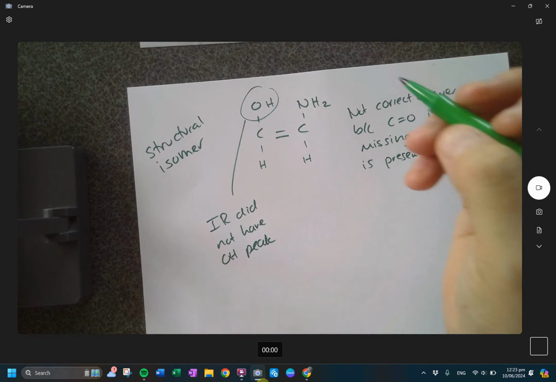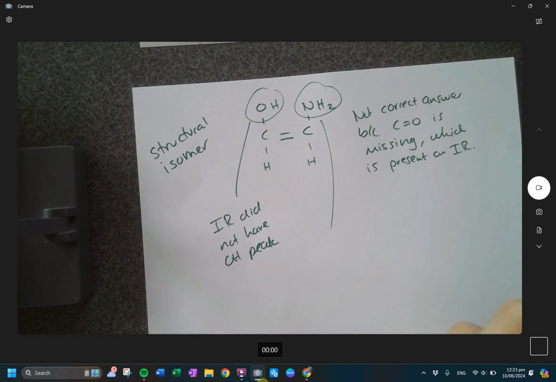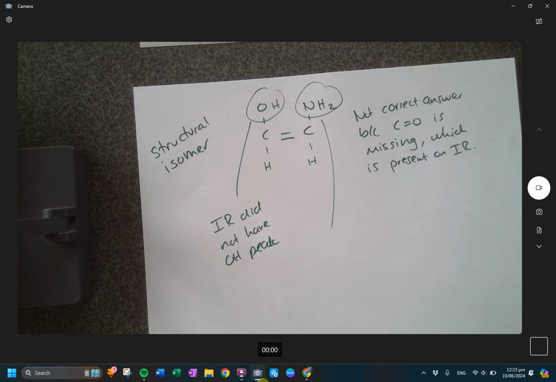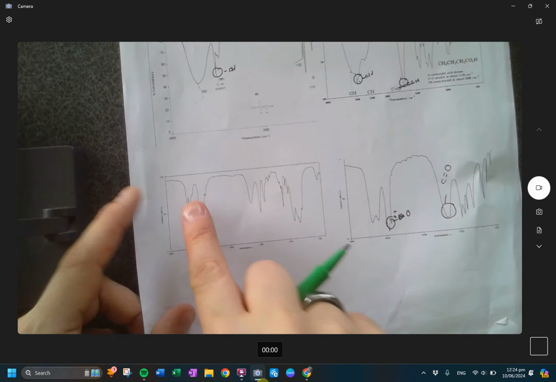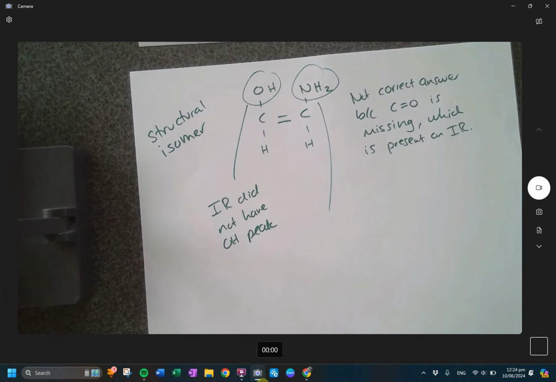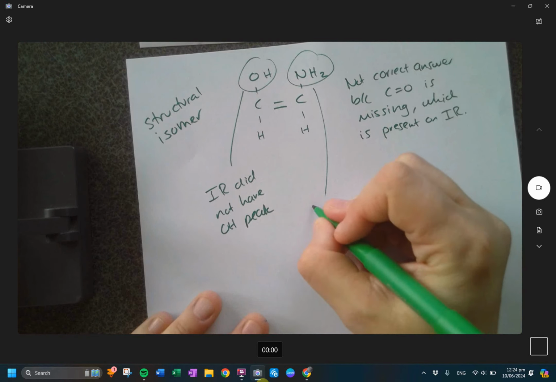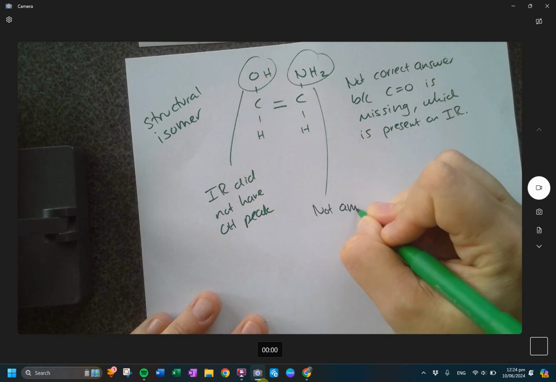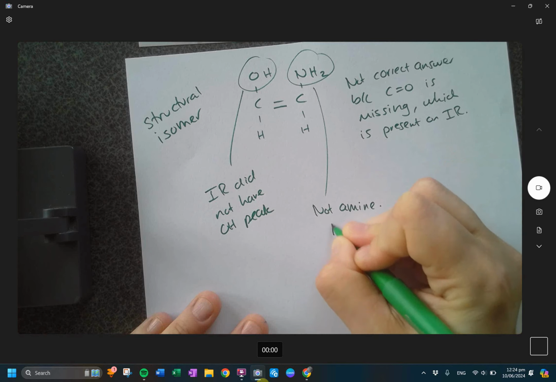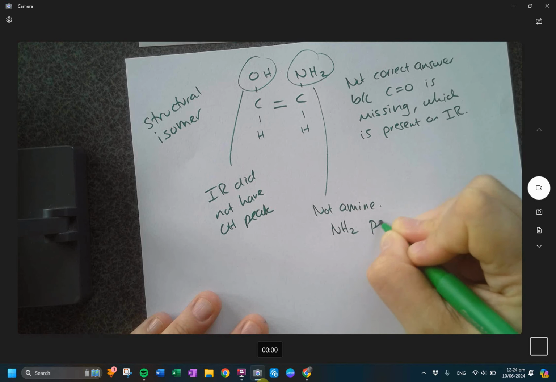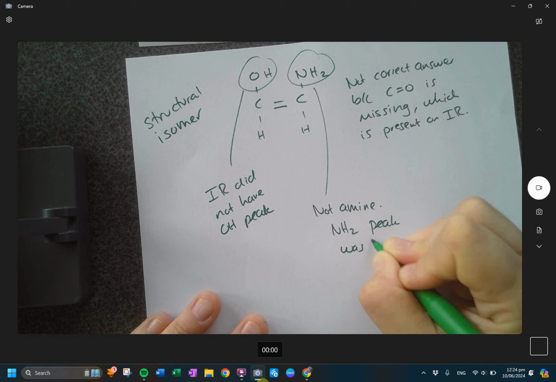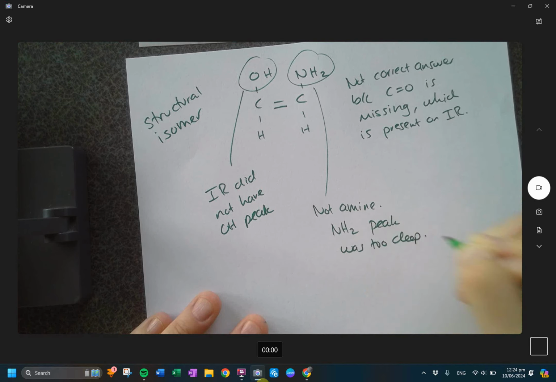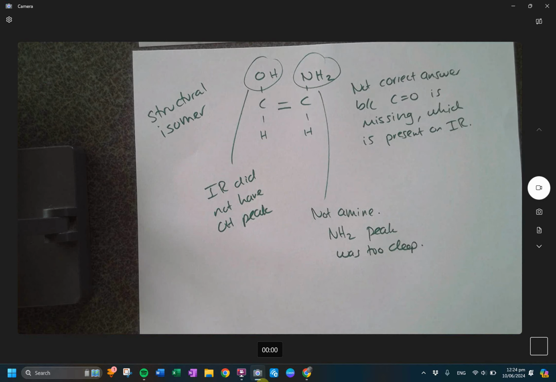And the last reason is that this here, the amine, was too deep. Because remember, when you are looking at the amines, it's much shorter. So that's why that's not the correct answer.